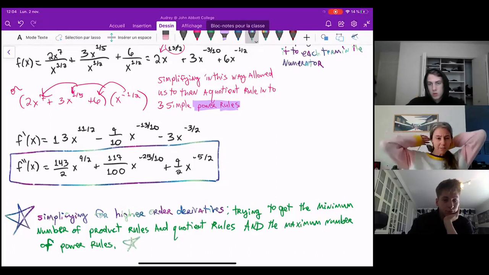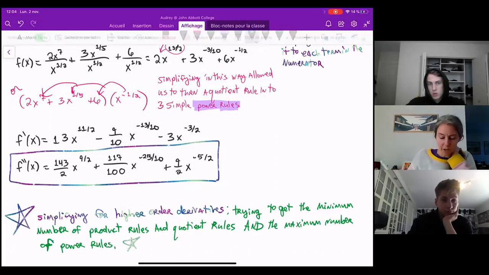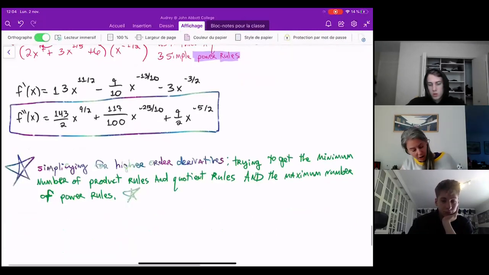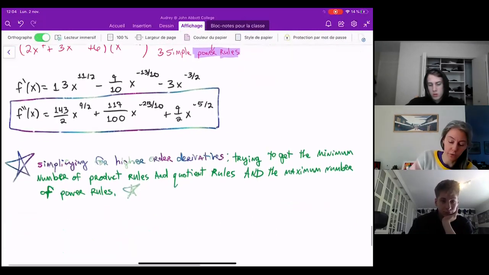I have 2 questions left I want to do today. I don't think I'm going to get to both of them. We're going to try. So this brings us to our next question where we're going to find the third derivative.